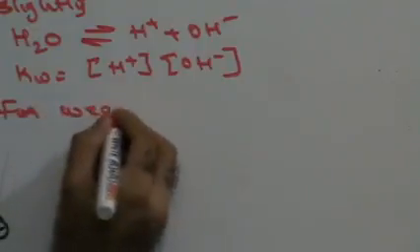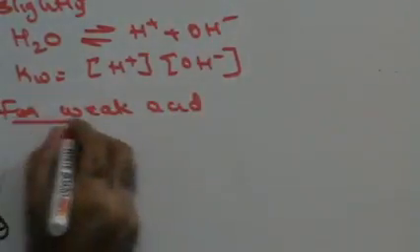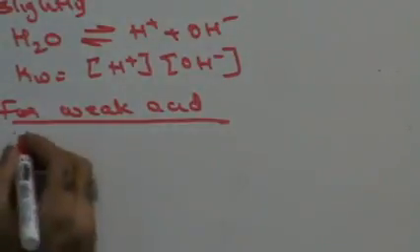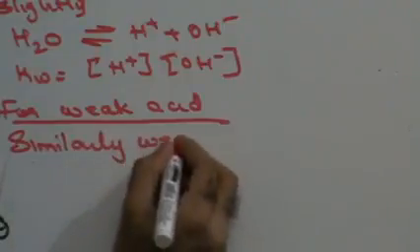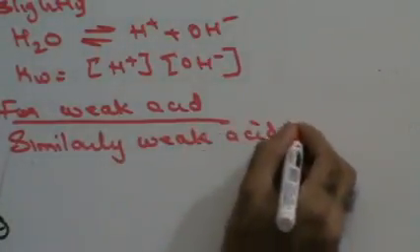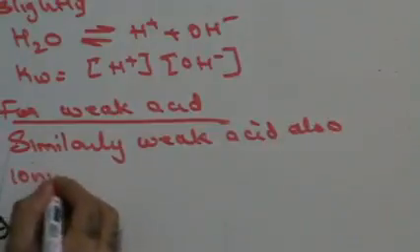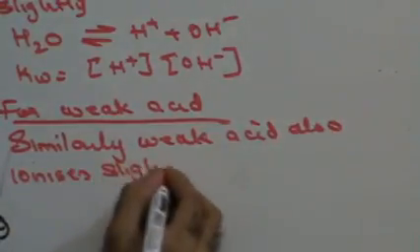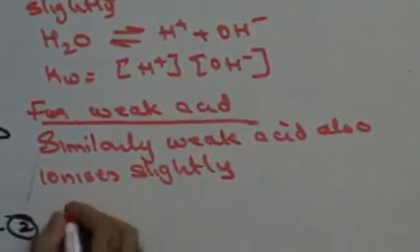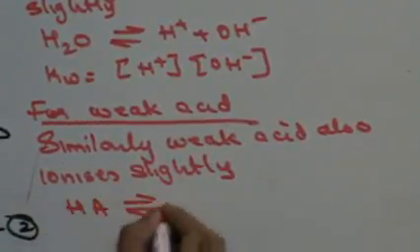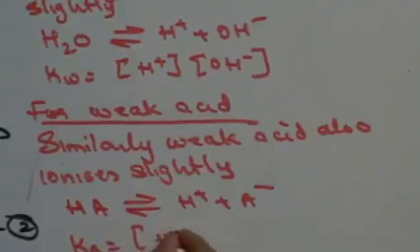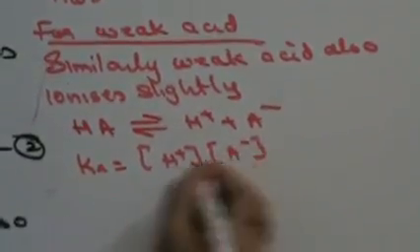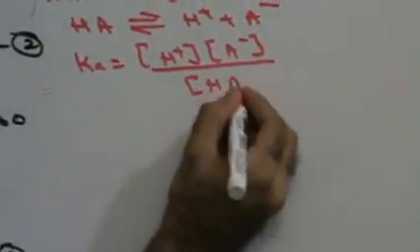Similarly weak acid also ionizes slightly. So weak acid HA ionizes slightly to give you H plus plus A minus. Therefore dissociation constant of acid is active mass of the product upon active mass of the reactant HA.